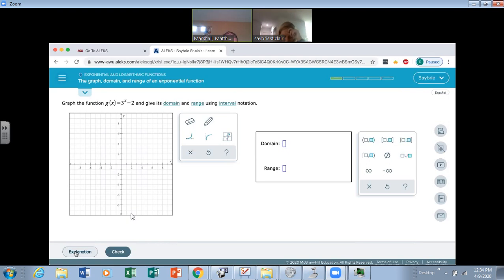So 0, -1 I see as 1 point, and then 1, 1 I see clearly as a second point to use. And then I see a domain of -infinity to +infinity, and then I see a range of -2 to infinity. So that should take care of that one. Not too bad. Because you can see that picture I sent you, that's going left -infinity, right +infinity for my domain right there, if you want to type that in.